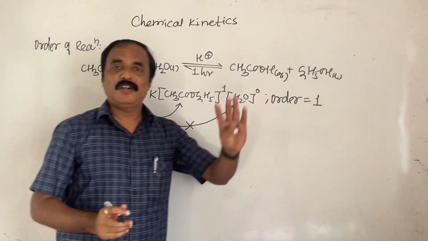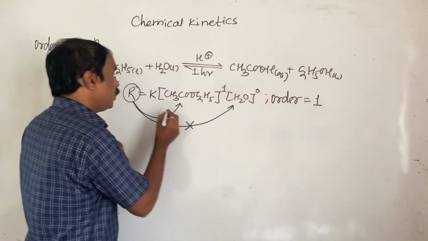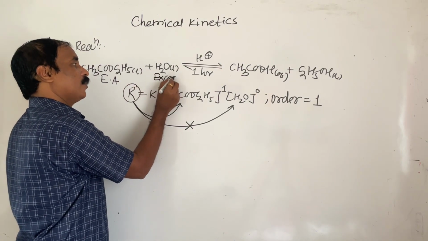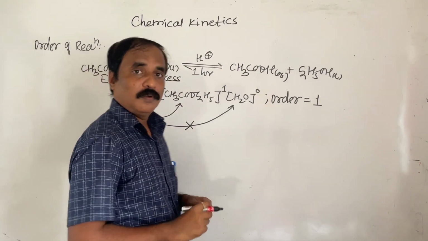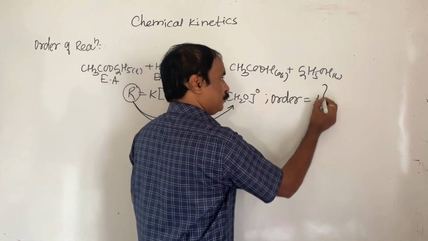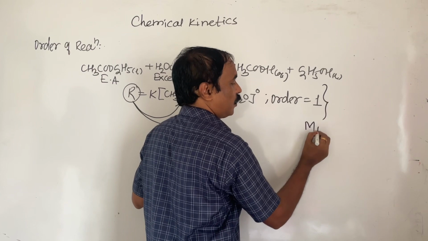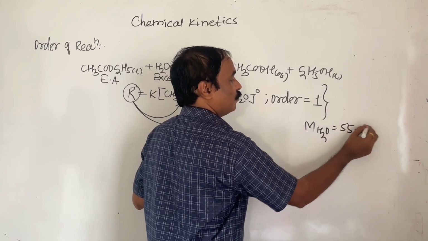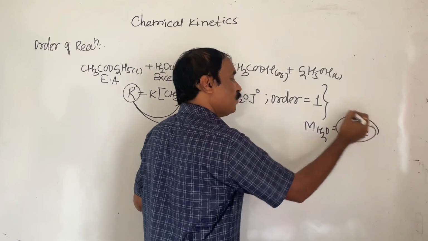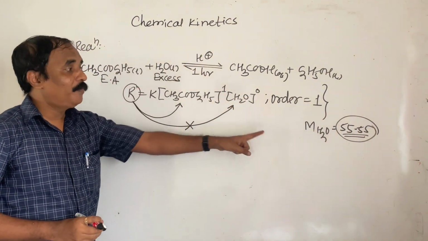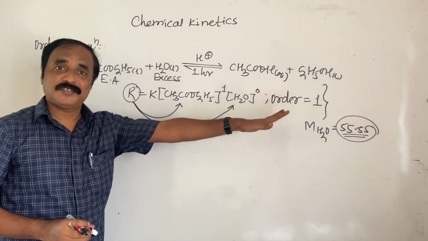It looks like second order reaction क्योंकि यहां पर वाटर जो है एक्सेस है. क्यों? You know what is the molarity of water? Molarity of water is equal to 55.55. इतने मोल्स है वाटर के. We want only 1 mole. 54.55 moles excess.